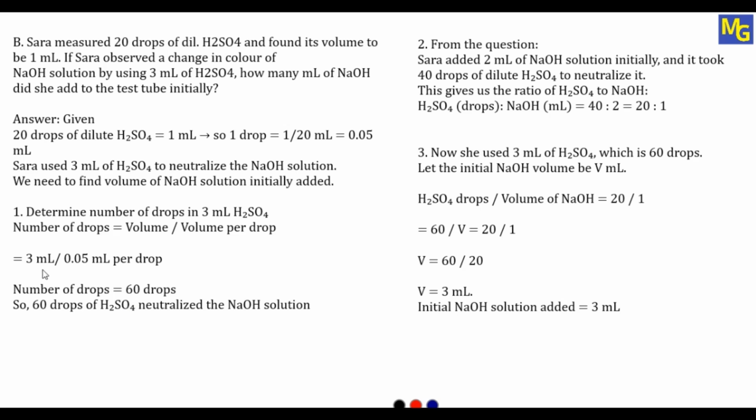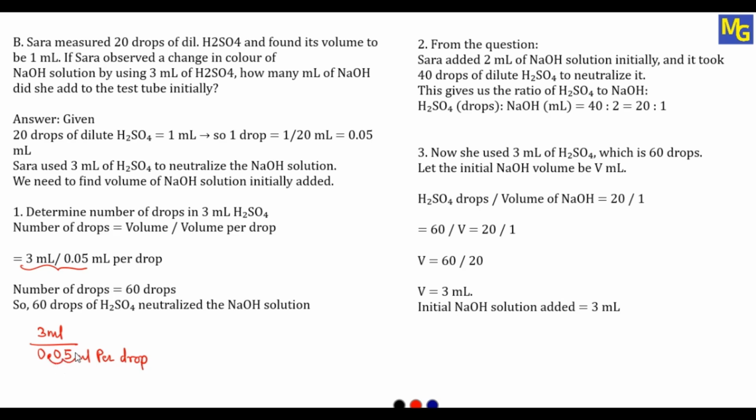If you ask me how you have divided 3 by 0.05, that also I can do here. So see here, 3 ml divided by 0.05 ml per drop. You should understand how to solve this whenever the numbers are in decimal. The calculation will be easy if you remove this decimal. While removing, you have to move this decimal two places, 1, 2.